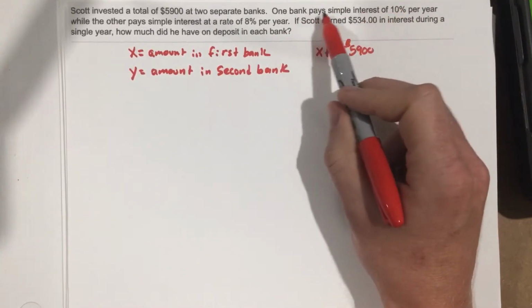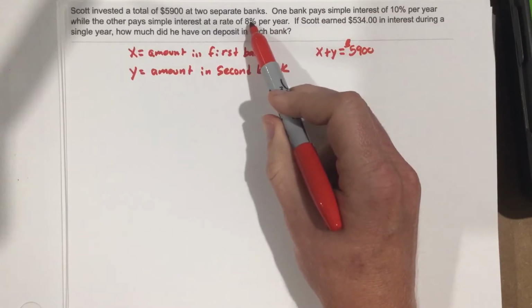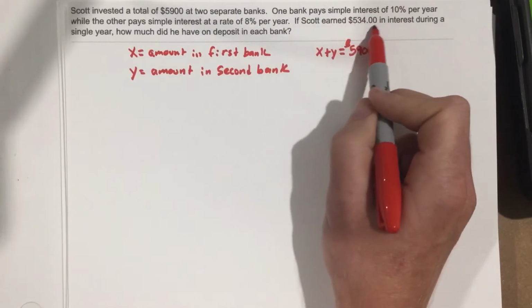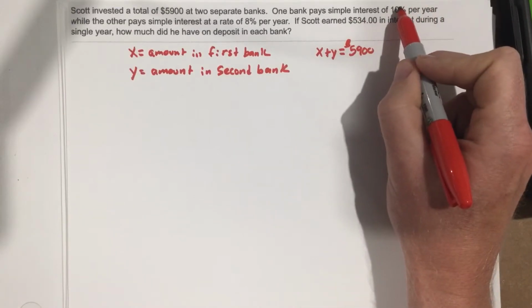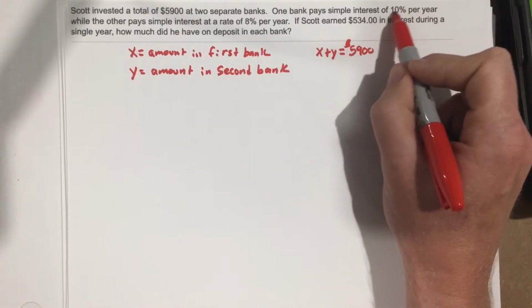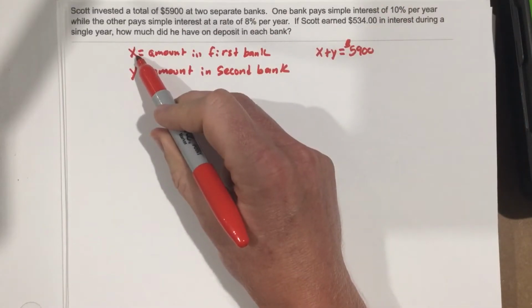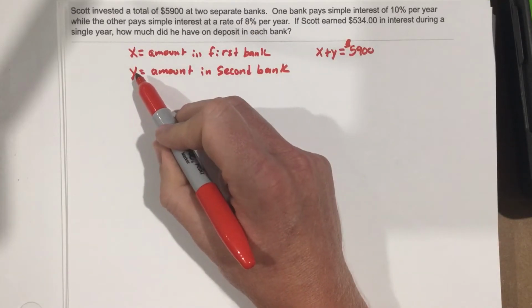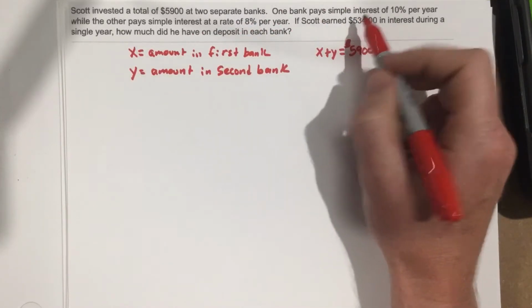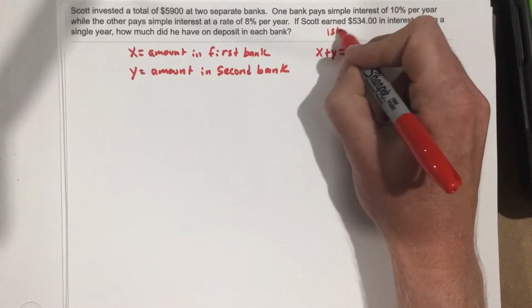The other equation is a little tougher to come up with because they're talking interest. So the one bank pays simple interest of 10% and the other bank pays simple interest of 8%. And total the interest accrued was $534. Well, if I take the percentage of interest times the amount that's in that account, and do the same thing for the 8%, and then add those together, I should get my 534. So this is the first equation.